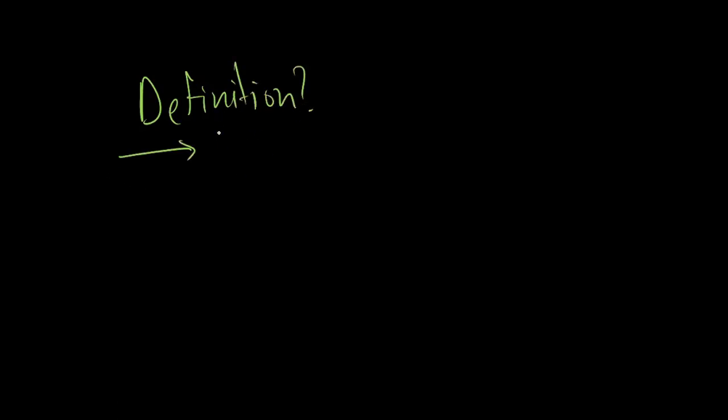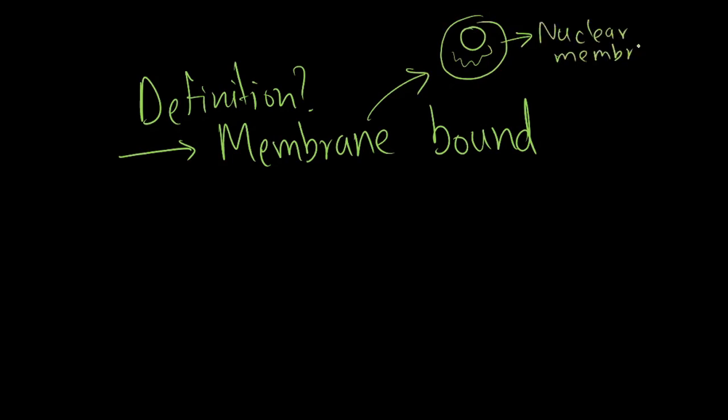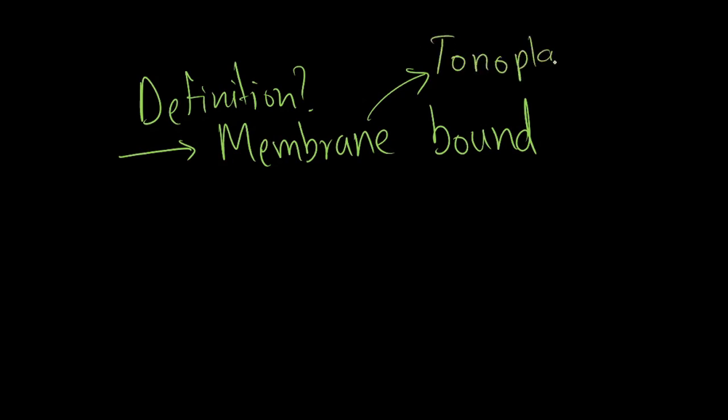Well, a vacuole is a membrane bound. You hear the word membrane bound. It means that it has a membrane, like the nucleus, for example. So this is the nucleus, and this is the nuclear membrane. Just like that, the vacuole also has a membrane, which is known as tonoplast.